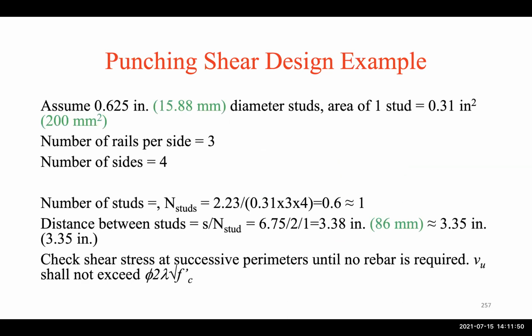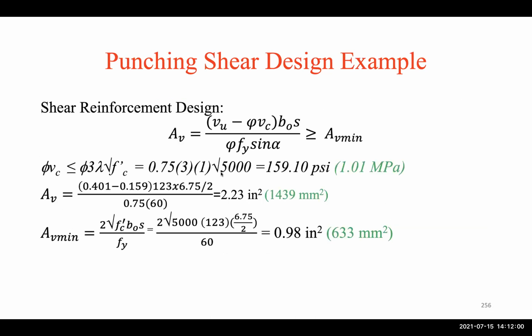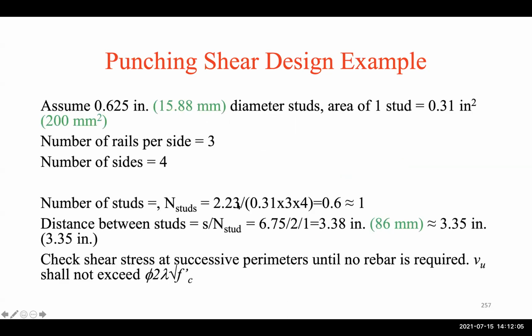So we continue with this, and then we design the amount of shear studs that is required based on the shear area that's required here, which is 2.23. Okay, so based on that, we select the number of rails on each side, and then the number of sides, we have 4, so that would be different if you have a corner or an edge column.